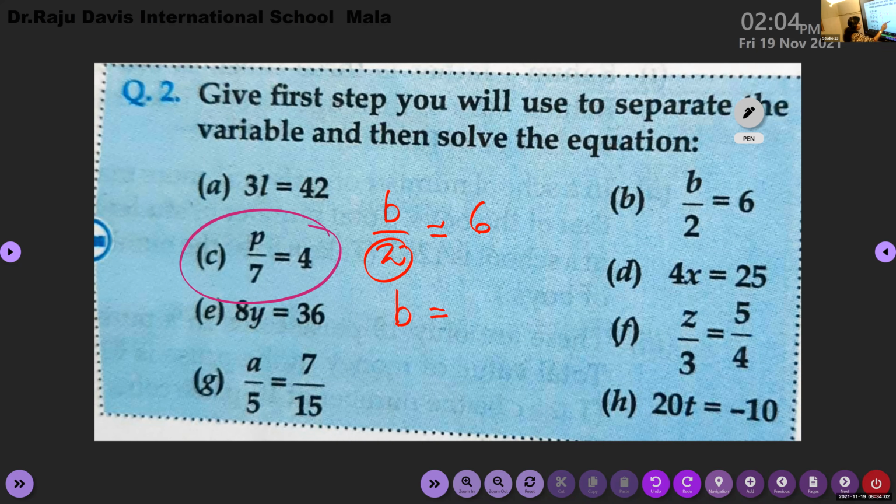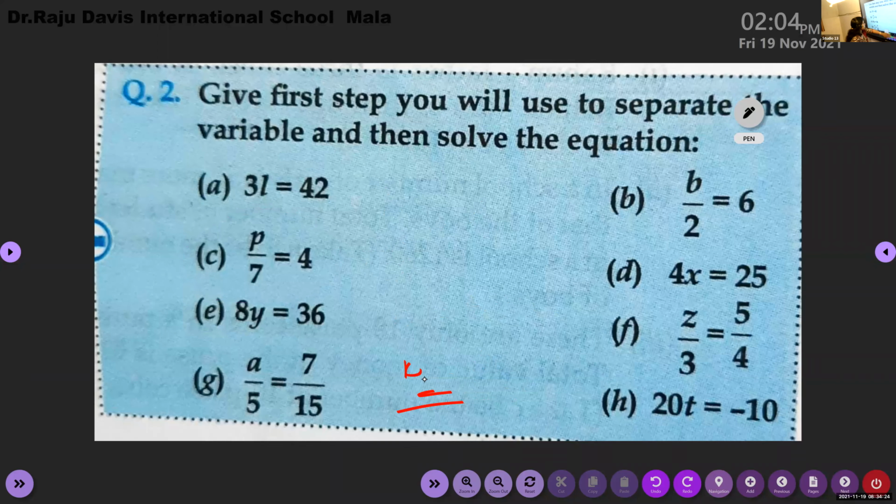No, 6 into 2 you have to write, you have to put it on the other side. If you do 2 into 6, no problem, but it will become a habit. Add also, you do the same. So 6 into 2. So what is B? 12. Answer, 12.